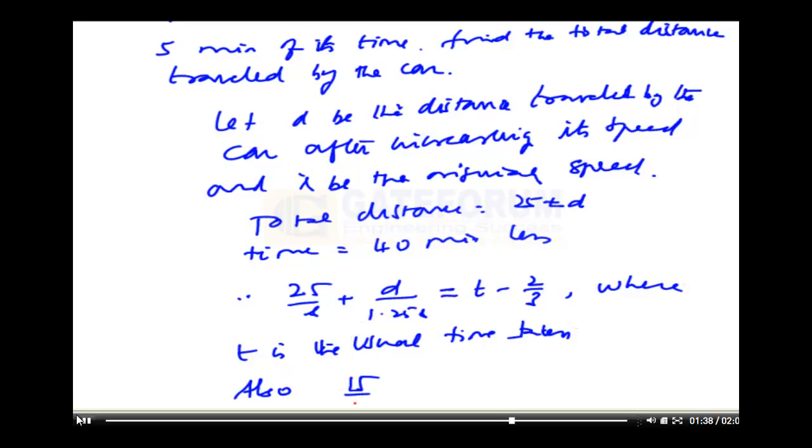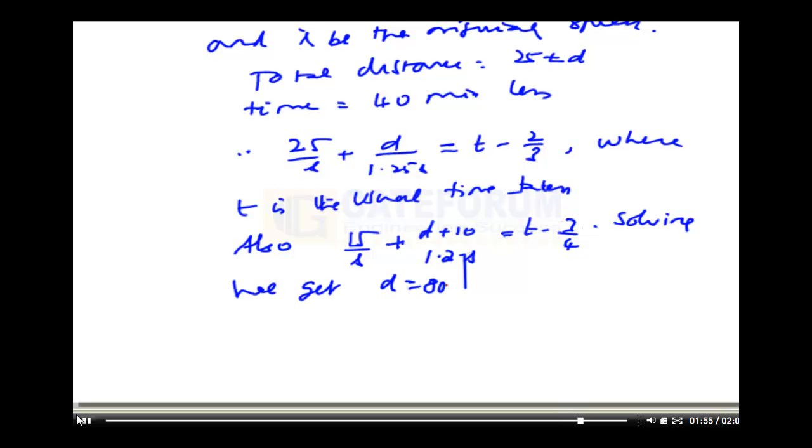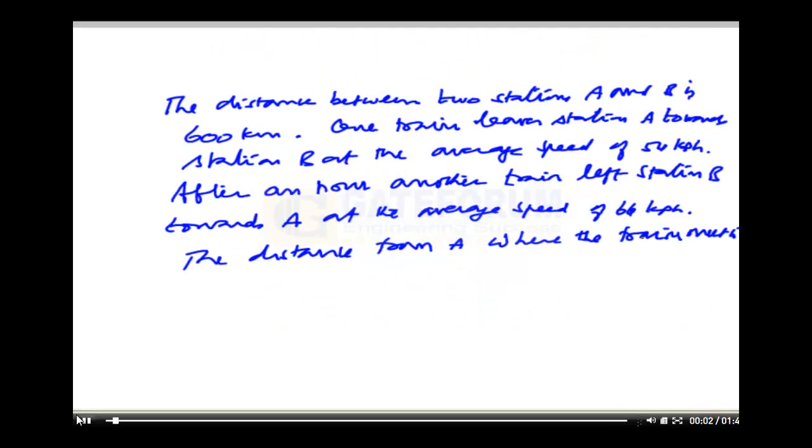Also, 15 by s plus d plus 10 by 1.25 s is equal to t minus 3 by 4. Solving, we get d is equal to 80 kilometers. Therefore, the total distance is equal to 80 plus 25, which is 105 kilometers.